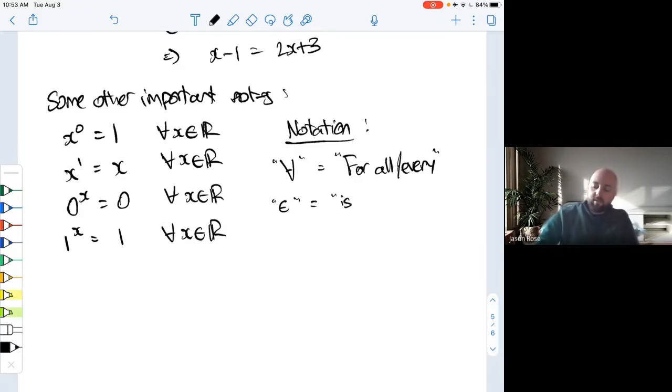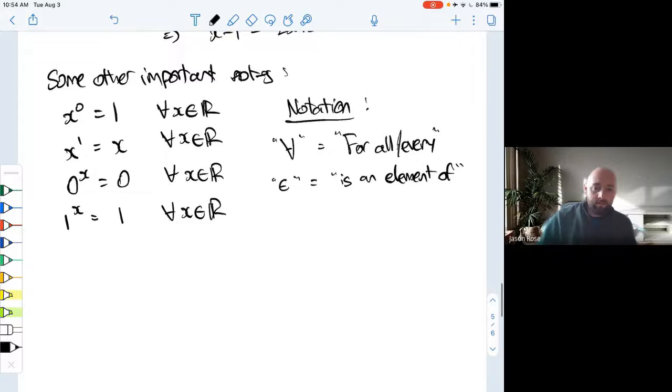I interpret that as is an element of. So for every x which is an element of, is what I use for that. And this R with the bar beside it means real numbers.